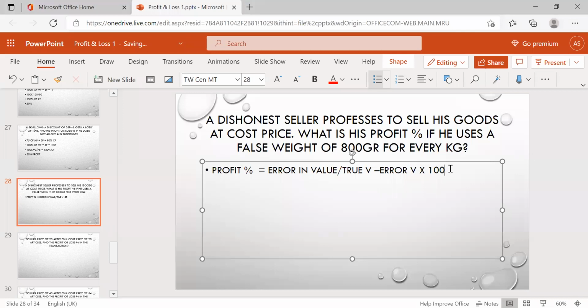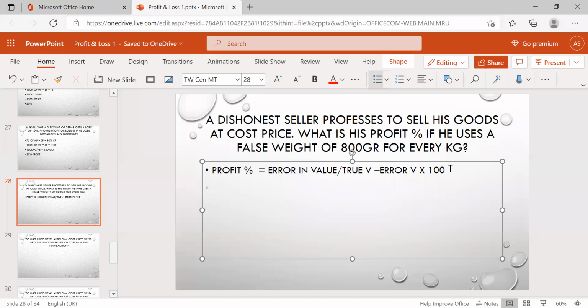By using this, we can solve this problem easily because we know every value here. Then we can find out the error value. He is using 800 grams for 1 kg. 1 kg means 1000 grams, so actually he should use 1000 grams, but he is using only 800 grams.